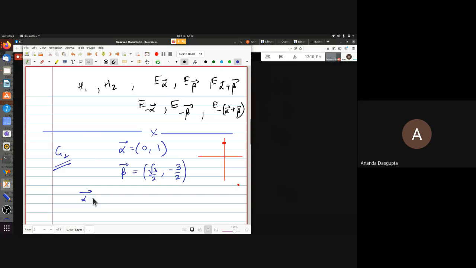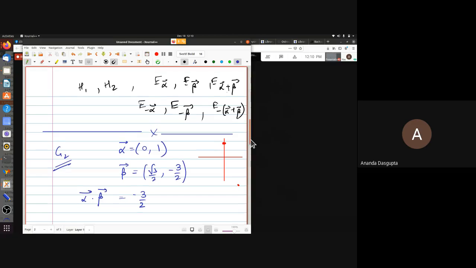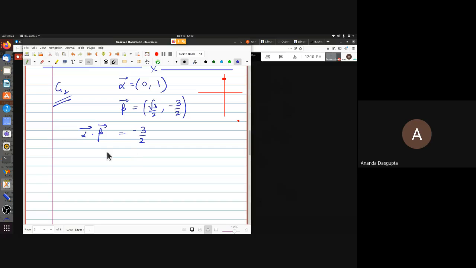So alpha dot beta is of course minus 3/2. The great thing about this is once you've got the theorems out of the way, the rest of the calculation is simple class 12 stuff. So twice alpha dot beta by alpha mod square. That's of course minus 3.